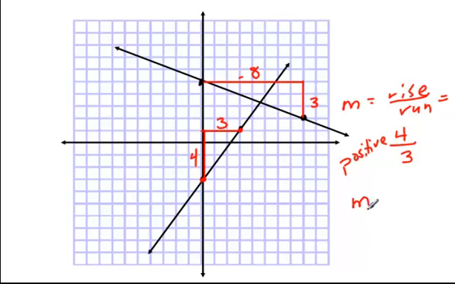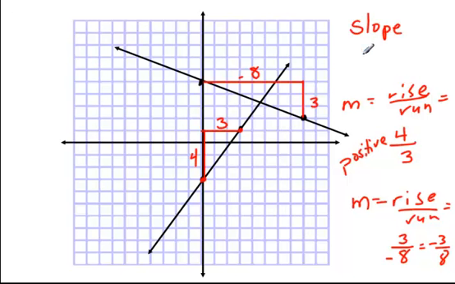So my slope in this case, rise over run, was up 3 over negative 8, which we know in the end is negative 3/8. Okay? So, when we have a graph, we find slope using a slope triangle. So, 2 ways to find slope.